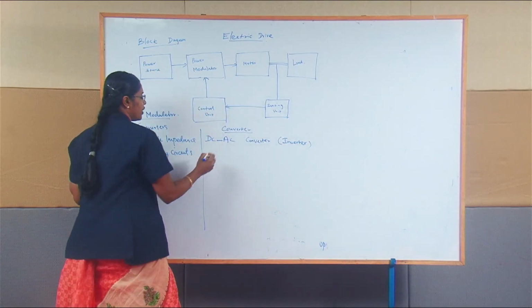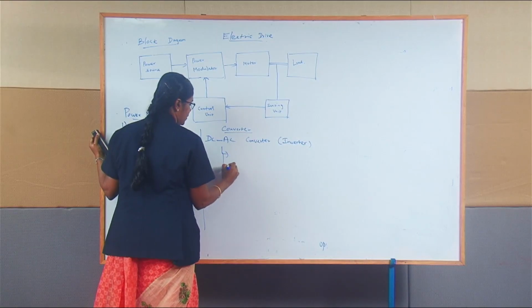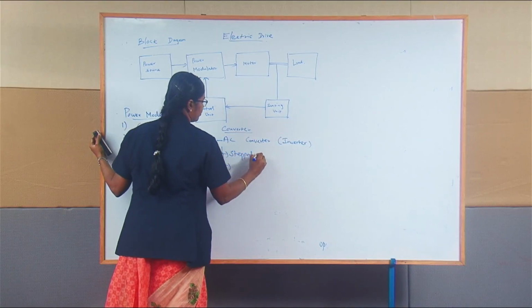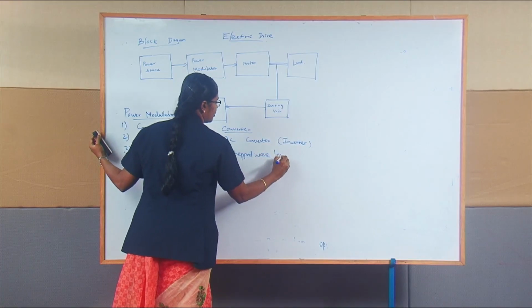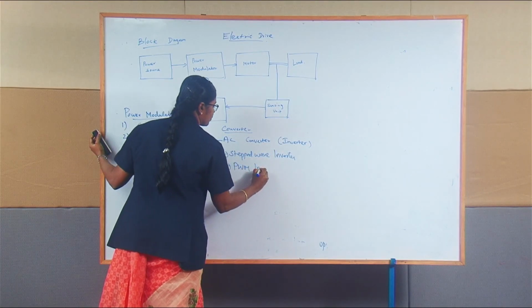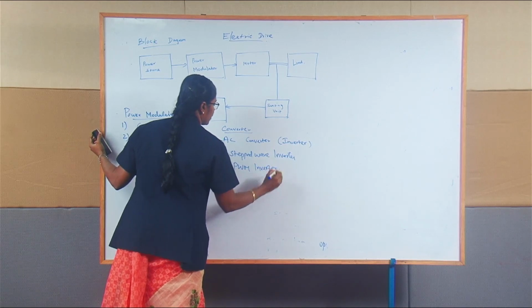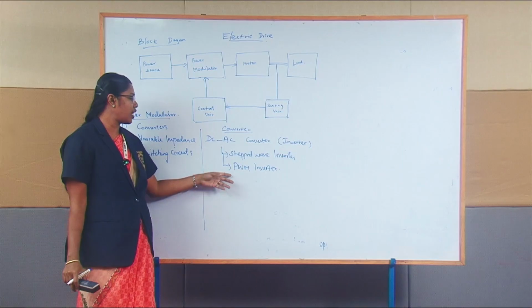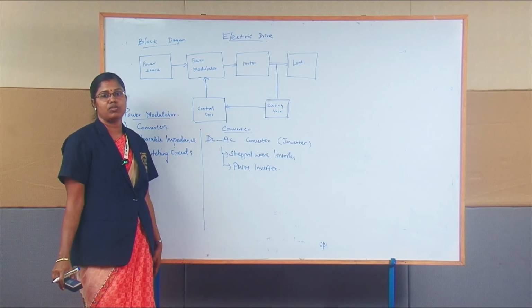In this inverter, we have various types like stepped wave inverters and PWM inverters. The main disadvantage of stepped wave inverters is harmonics, which can be reduced in PWM inverters.